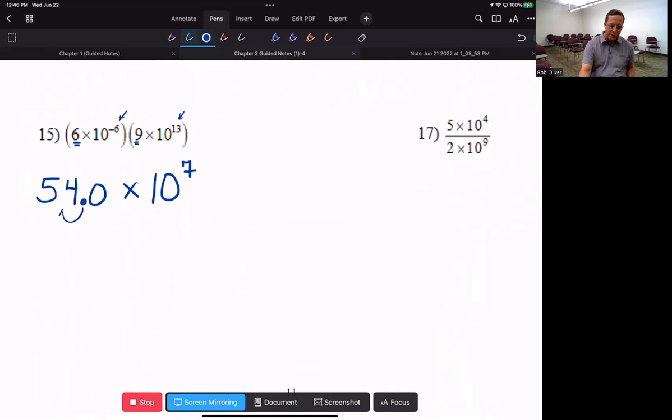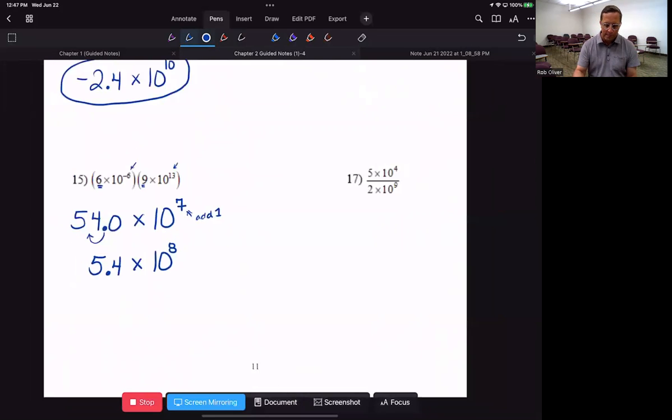We move the decimal between the 5 and the 4. So now we have 5.4 times 10, and then add 1 on to 7, because we moved it one place. If we moved it 2 places, we would have to add 2, or 3 places, or 4 places. Relative to how far it needs to move, that's how far you need to adjust your power of 10.